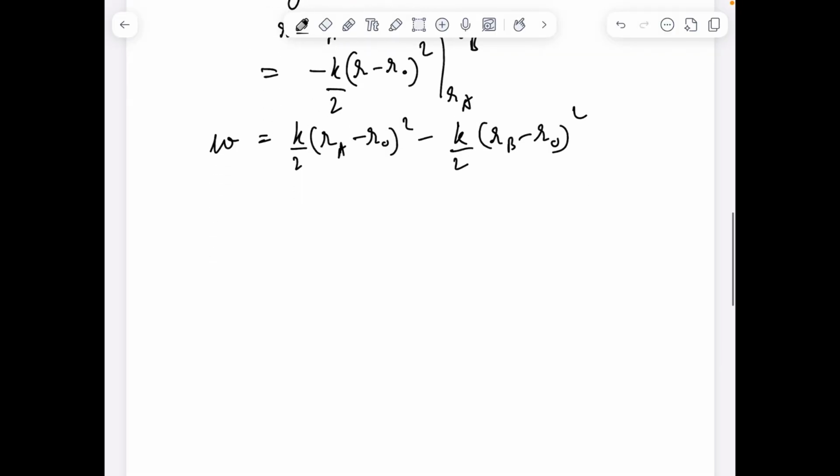Now of course we should write this as K by 2 Ra dash squared minus K by 2 Rb dash squared, where Ra dash is the distance of the point A from the mean position.